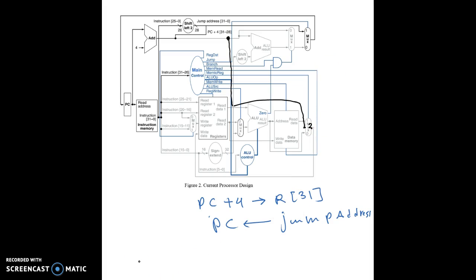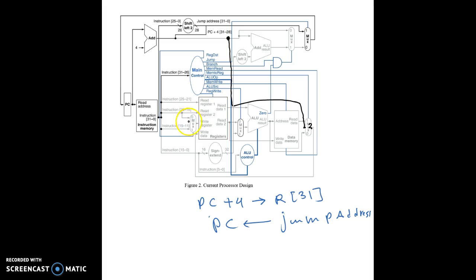Since we are using a jump or a J-type instruction, we don't really care about what instruction bits 20 to 16 contain or the bits from 15 to 11 contain. However, we need to actually specify that the PC is written to register 31, so we need to add this as a register to be written to.